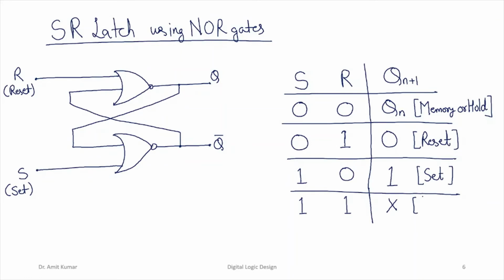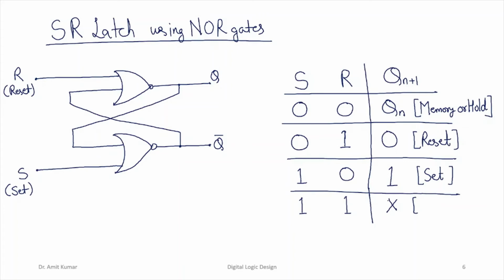Because both the complemented and uncomplemented outputs are fixed to a 0 value. However, they have to be fixed to values that are complementary to each other. So if Q is 0, Q bar has to be 1. If Q is 1, Q bar has to be 0. However, when S is 1 and R is 1, both Q and Q bar are fixed to 0.